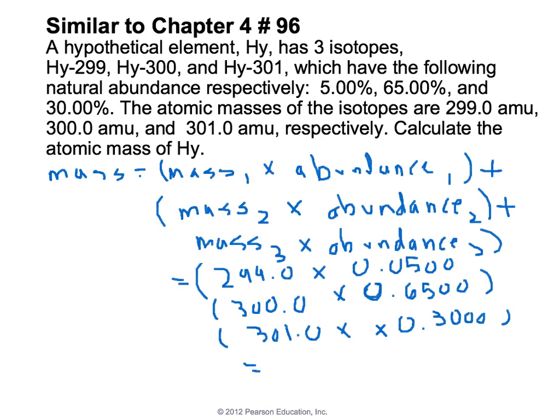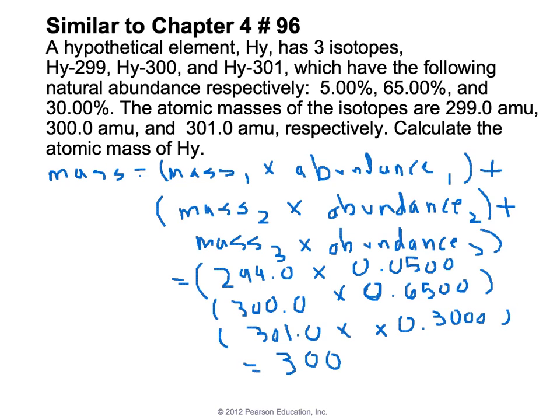Alright, so I'm going to grab out my calculator and work it out. So it's 299 times 0.05, plus 300 times 0.65, plus 301 times 0.3. And we get an answer of 300.